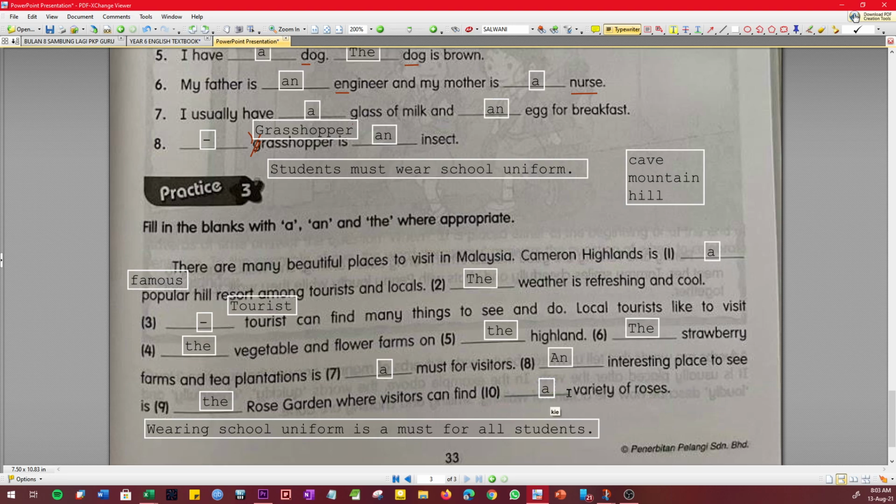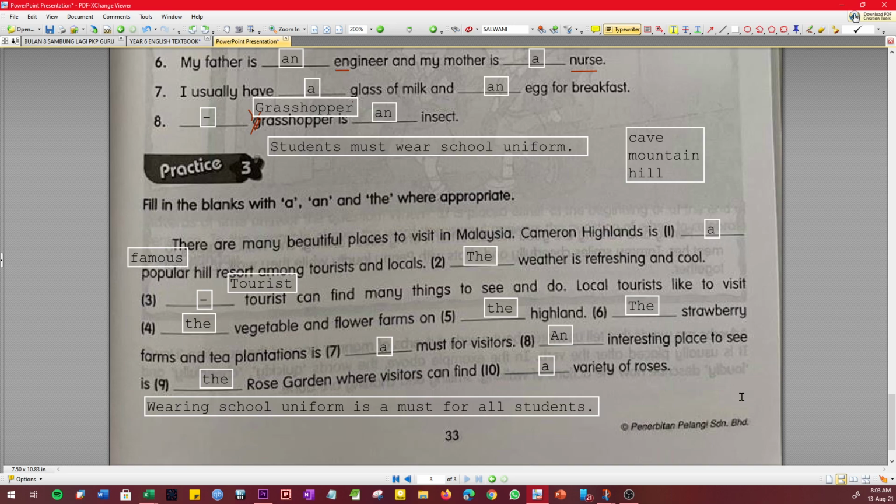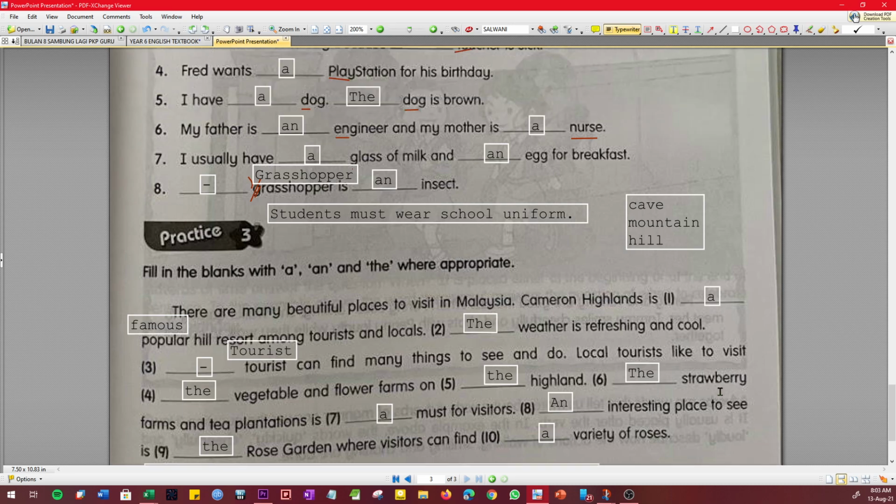Can find a variety of roses. Okay. Kenapa tak boleh the? Peraturan apa yang kita guna di sini? Okay, peraturannya adalah collective noun. Okay, collective noun.